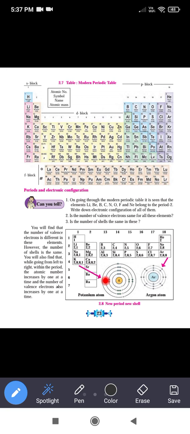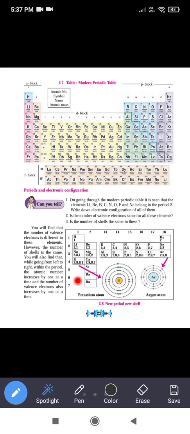Now in the fourth period, see potassium and calcium, 2, 8, 8, 1 and 2, 8, 8, 2. So the number of shells in potassium and calcium is 4, because these belong to period number 4.